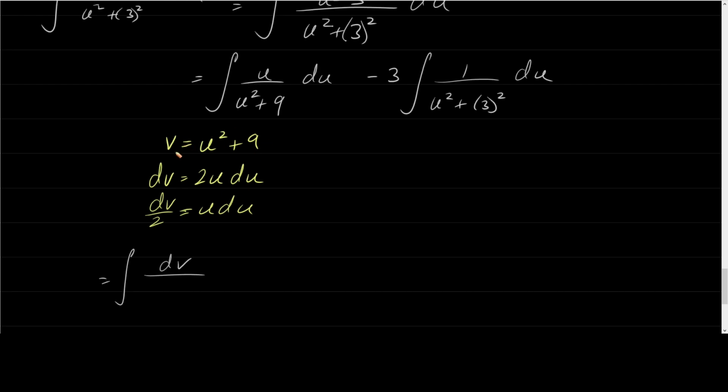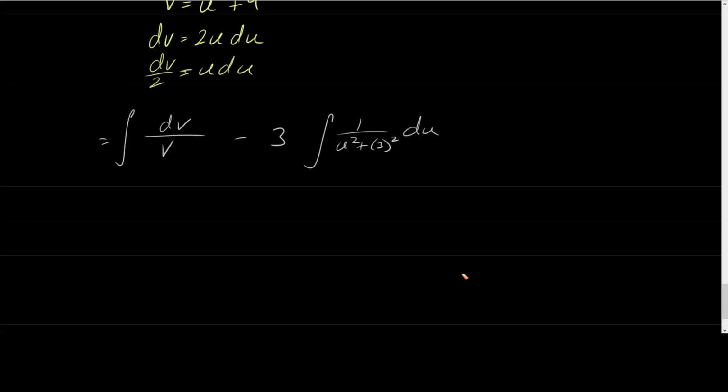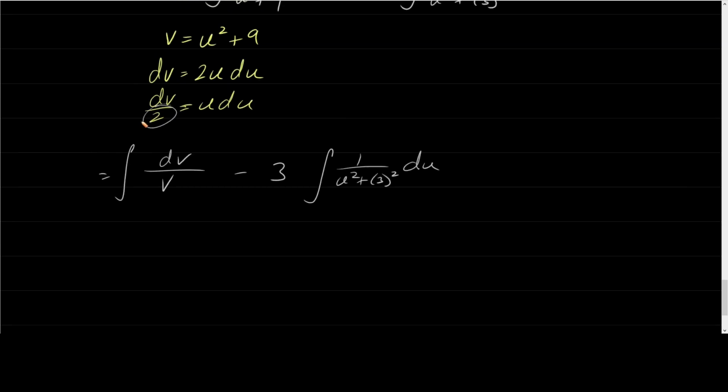That u squared plus 9 was our substitution, v. And then we have this minus 3 times the integral of 1 over u squared plus 3 squared du. Now the integral of dv over v. Oh, look at that. I missed something. This is 1/2. I replaced the u du, but it's supposed to be dv over 2, and not just dv. So I'll write the 1/2 out here.